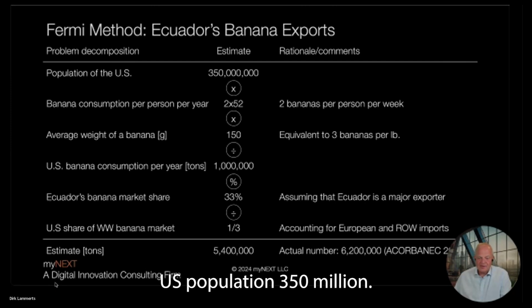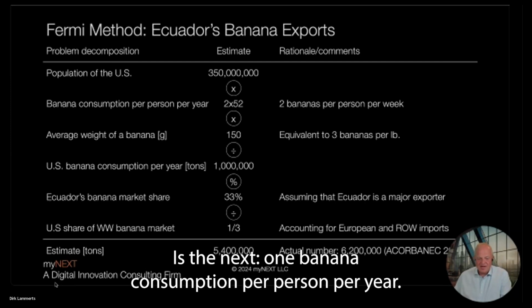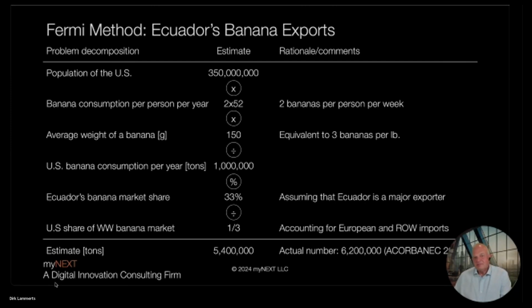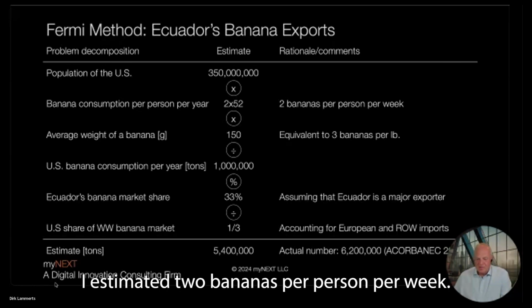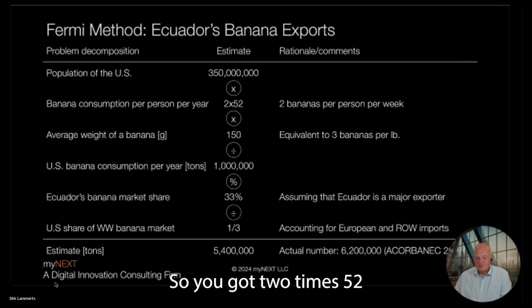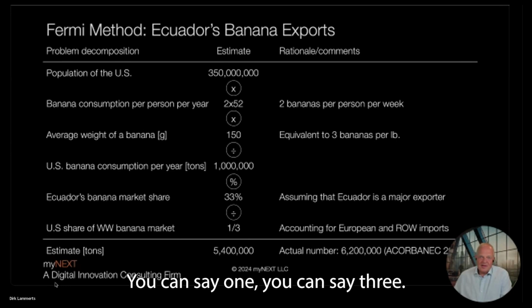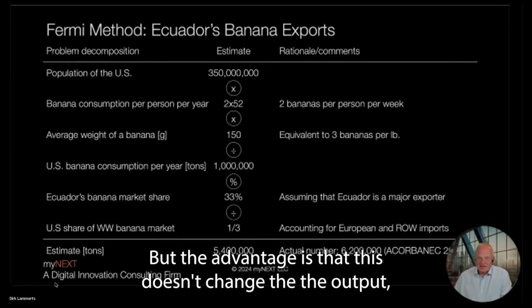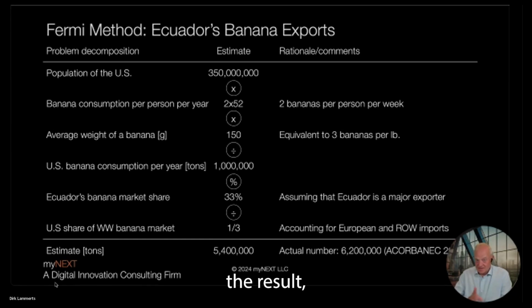US population: 350 million. One of the key parameters is the next one, banana consumption per person per year. I estimated 2 bananas per person per week, so you got 2 times 52. You can say 1, you can say 3, but the advantage is that this doesn't change the result in an order of magnitude way.